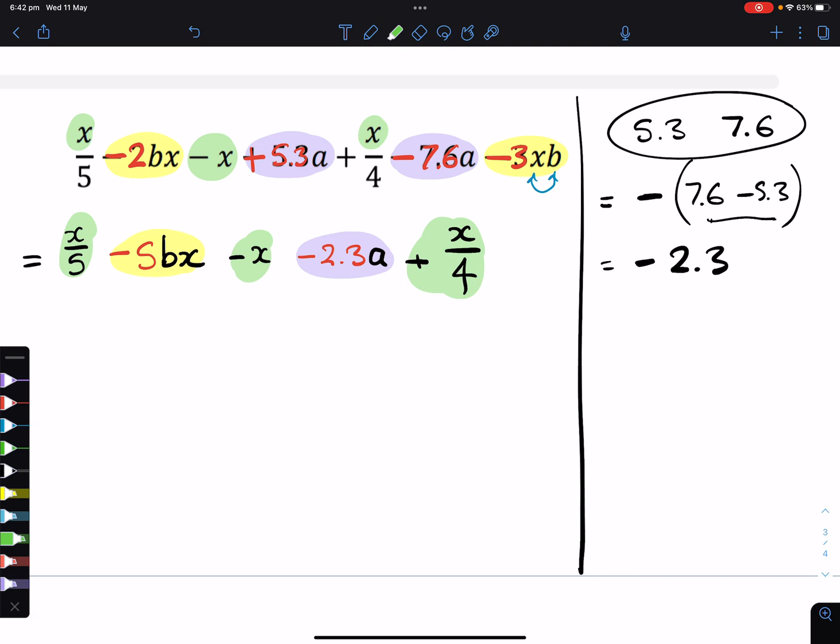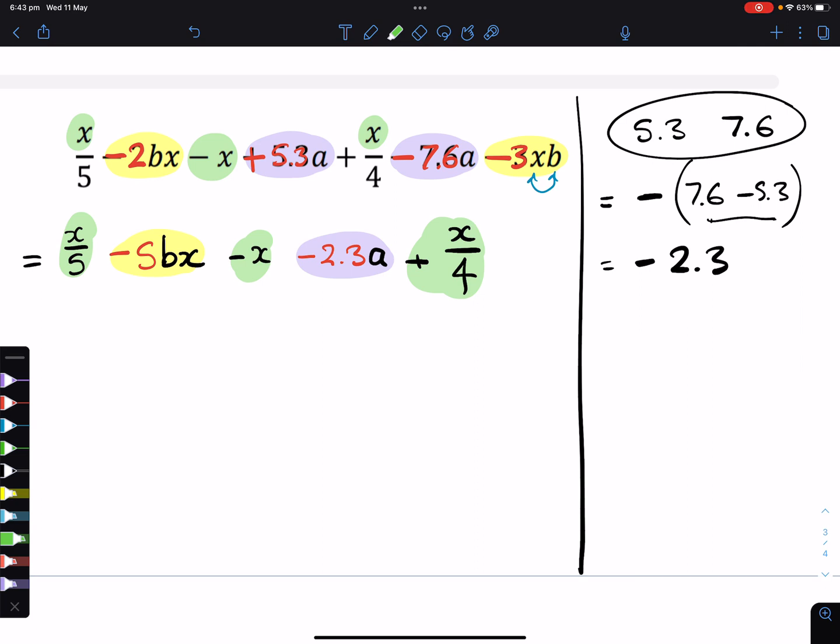Okay. Now we can't do any further processing on the yellow or the purple bit because they are finished. They have no other terms that match them, so we are done there. All we have left to do is work with those x's, those green terms, and to gather all of them together, I need to make them all on the same denominator.